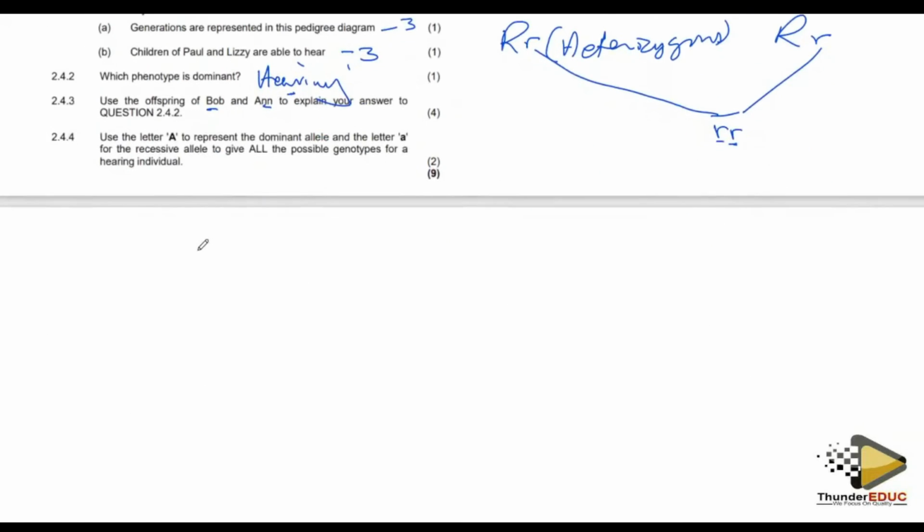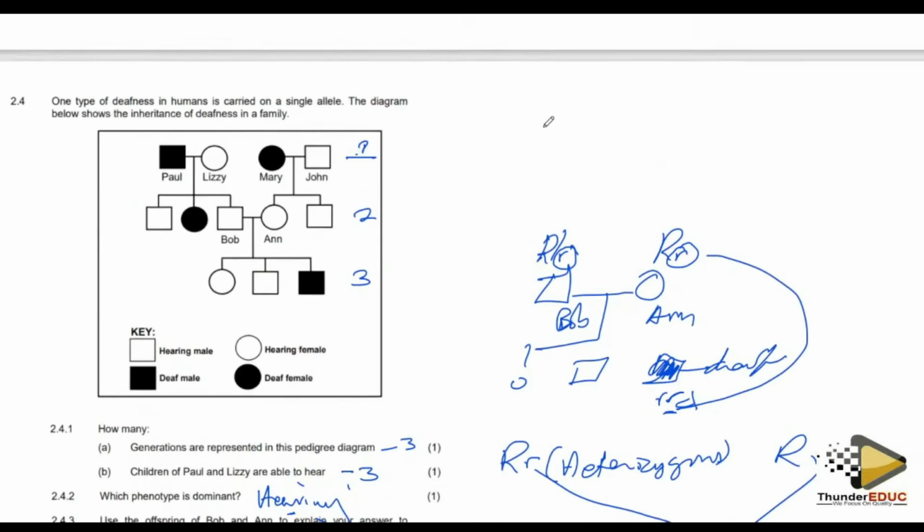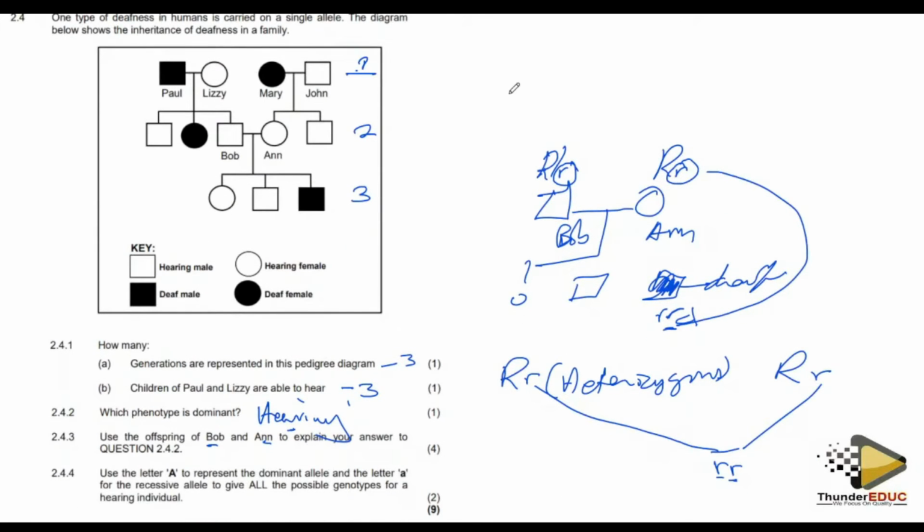It's 2 marks. Remember, we said it here. A person who is hearing, and remember, hearing is dominant. Capital A is for hearing, and small a is for deaf.